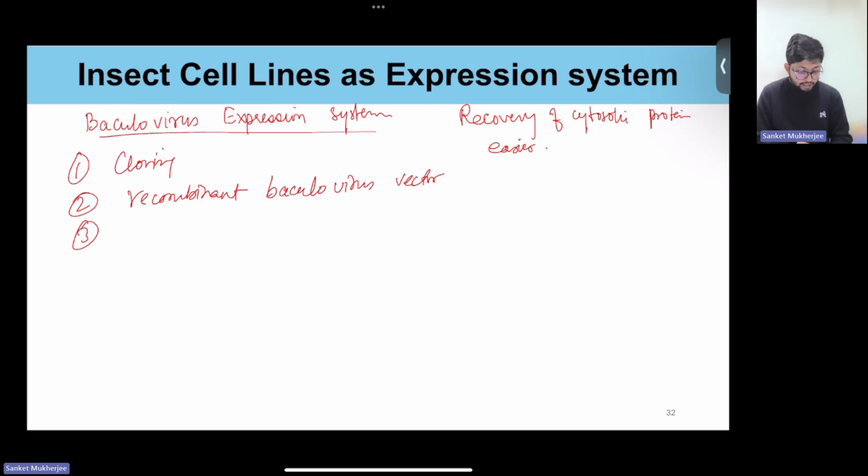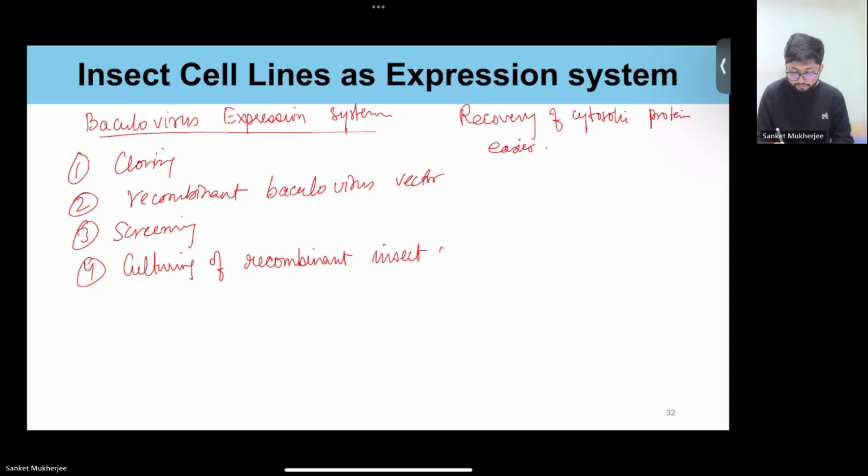Then screening as usual. Fourth would be culturing of recombinant insect cell lines, and fifth would be protein production.